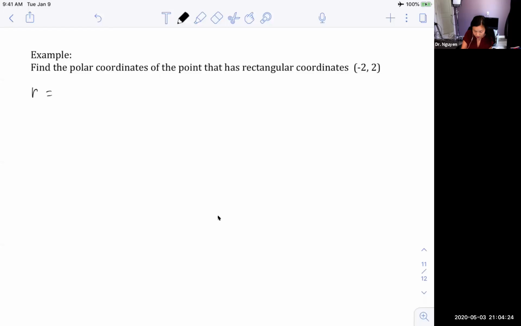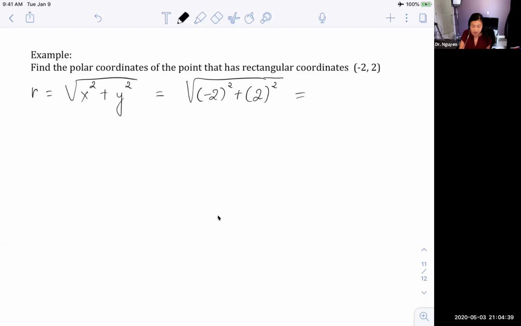R is the square root of x squared plus y squared. In this case, it's negative 2 squared plus 2 squared, which is 4 plus 4, which is 8. If I simplify it, it's going to be 2 radical 2.